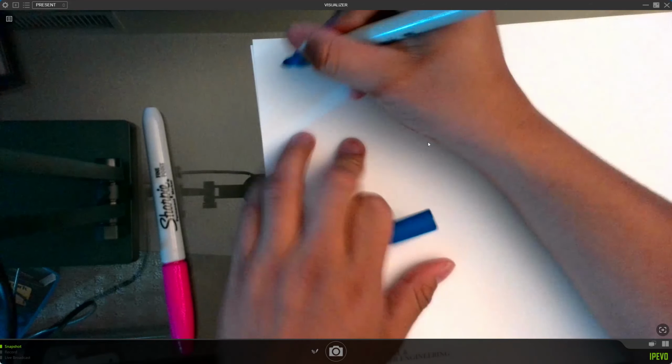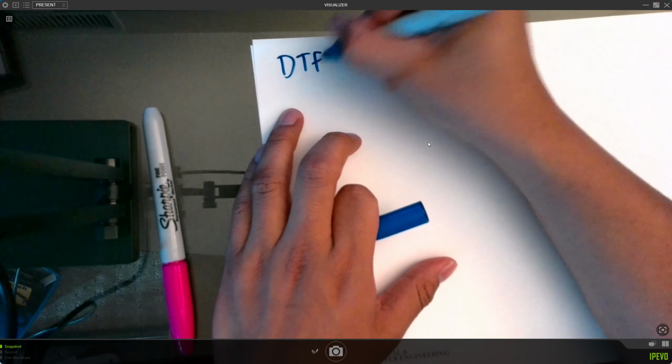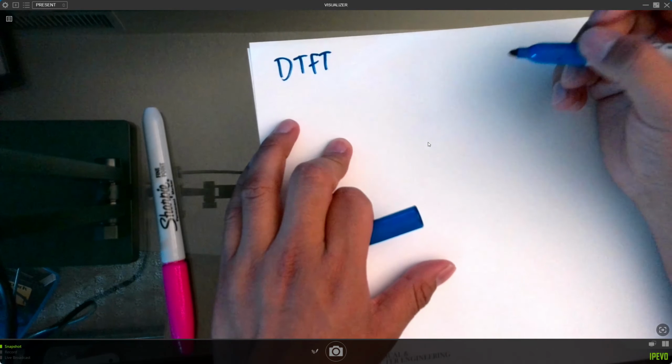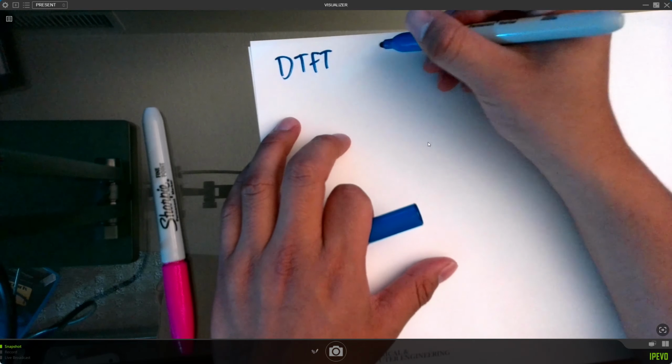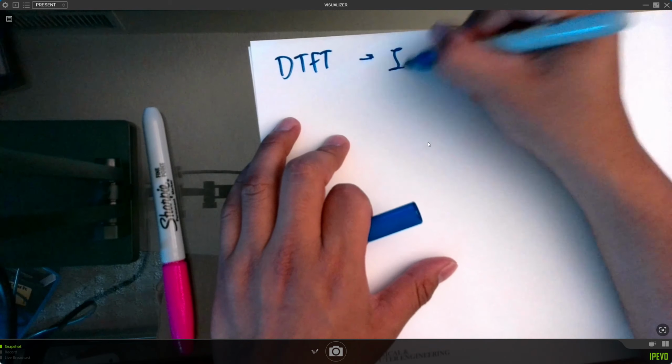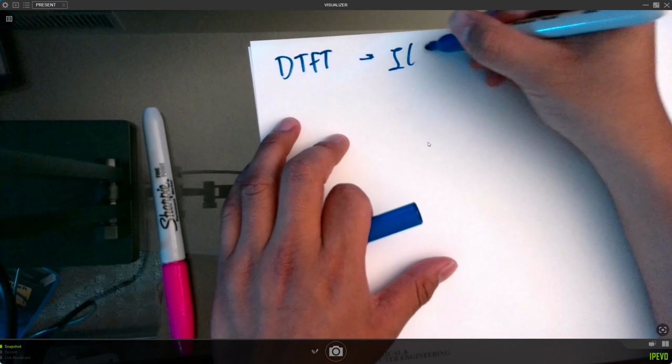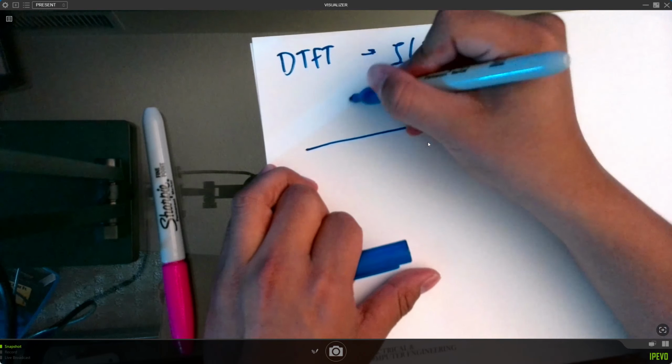So the next thing I want to see if we can do, let's grab another piece of paper. Actually, if you don't believe me about what I said about the discrete time Fourier transform, let's think about the Laplace transform. Laplace in the S domain.